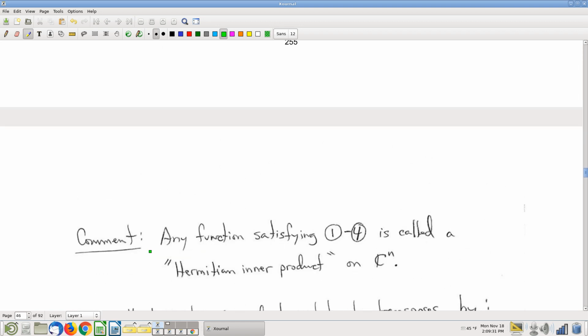Quick little cultural point. Like I was saying before, there are complex vector spaces in general. We're not going to really talk about complex vector spaces in this class. We're going to talk pretty exclusively about Cn. And likewise, we're going to talk specifically about the Hermitian dot product on Cn.